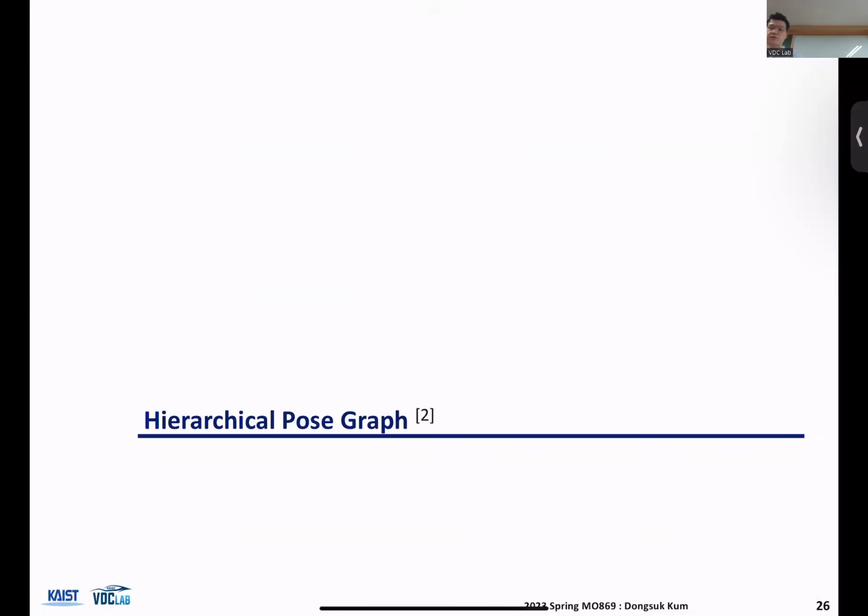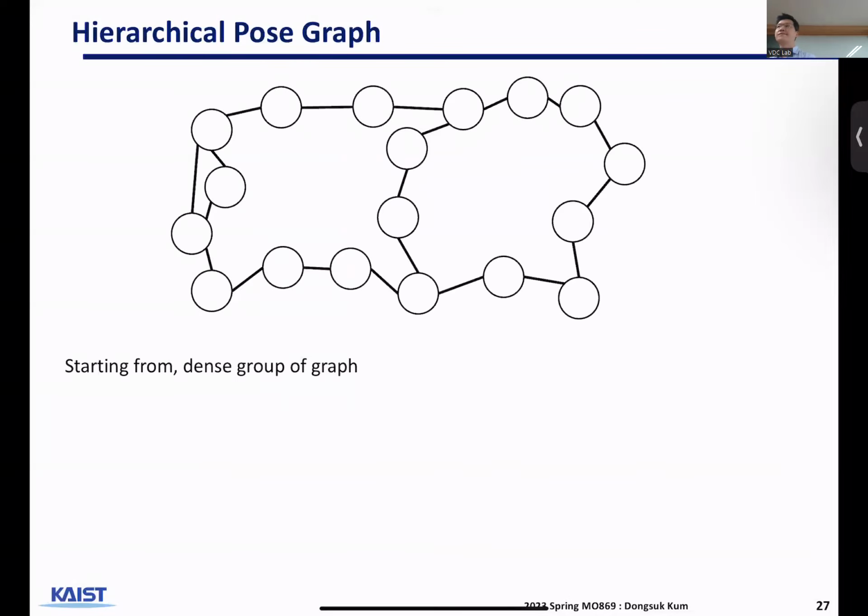And then let's move on to the next topic, which is hierarchical pose graph. This is a similar issue. When the problem becomes large scale, then you will end up with many nodes and edges. Do we have to solve all of that simultaneously with a single optimization problem?